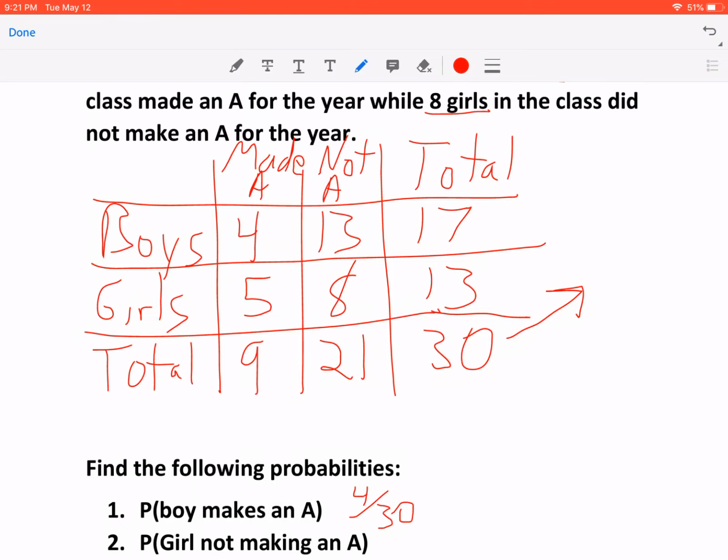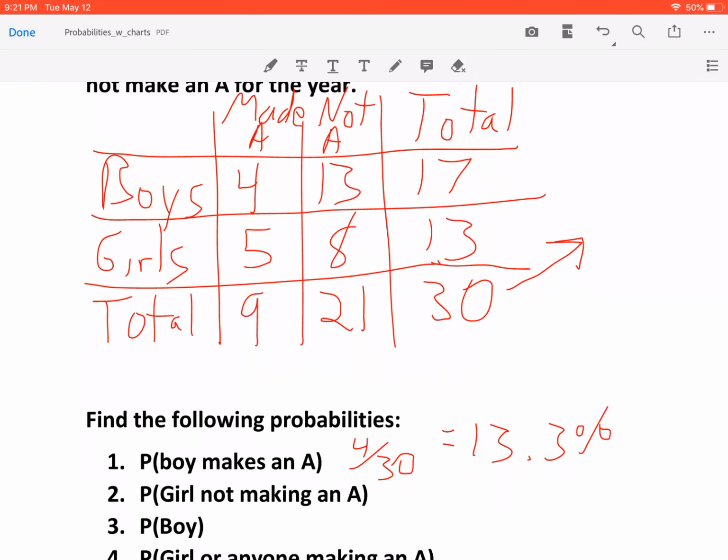Same thing, have your calculator with you. 0.133 repeating, so that's going to be 13.3%.